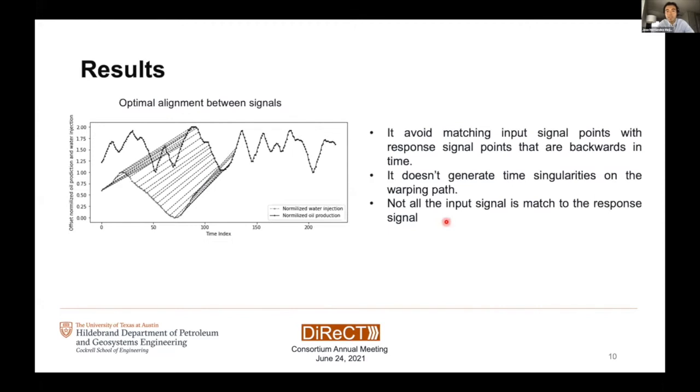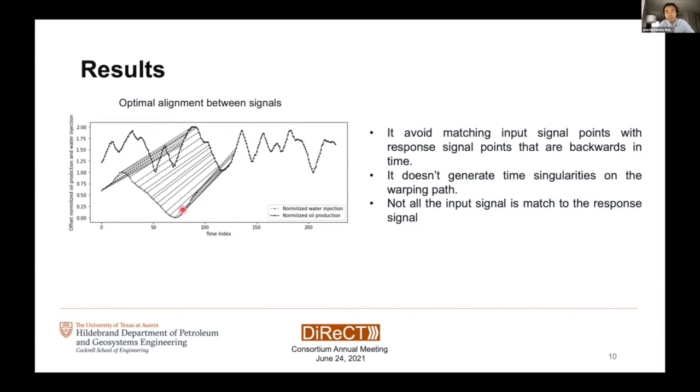Some results. So this is the same case that I showed you at the beginning for the classical dynamic time warping, but in this case, we're using the constrained version of it. So we avoid all the shortcomings of the classical algorithm. The first one, we don't have singularity times between the two signals.